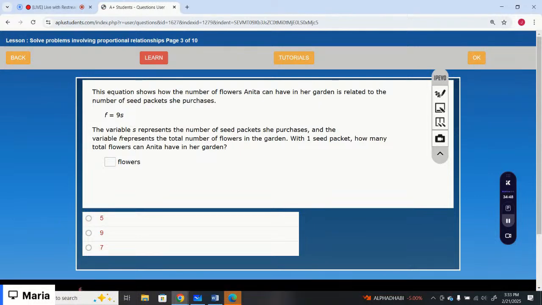This equation shows how the number of flowers Anita can have in her garden is related to the number of seed packets she purchases.